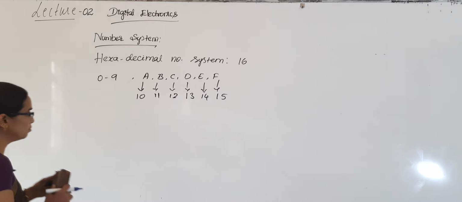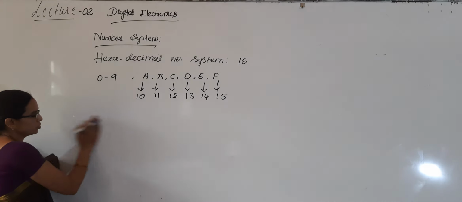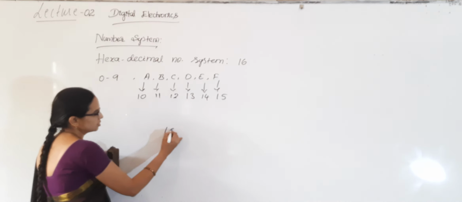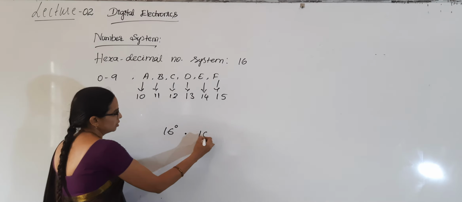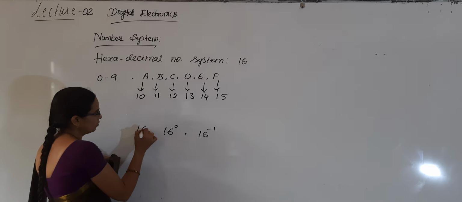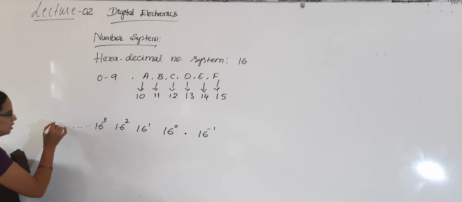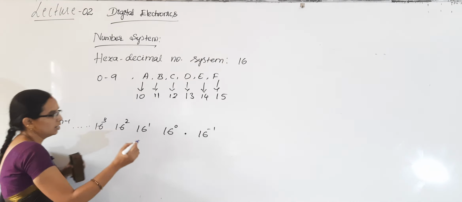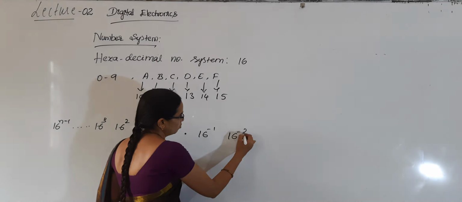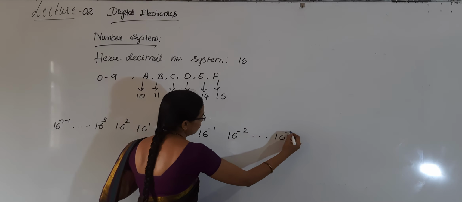In the hexadecimal number system, the positional values are 16 power 0, 16 power 1, 16 power 2, 16 power 3, etc., 16 power n minus 1, and 16 power minus 1, 16 power minus 2, etc., up to 16 power minus m.